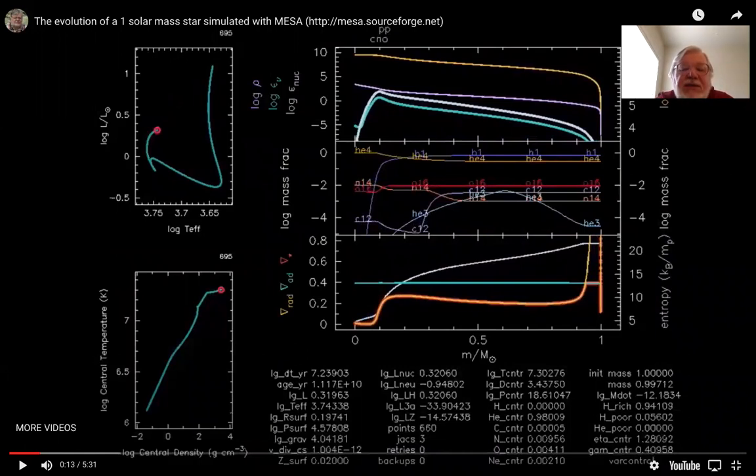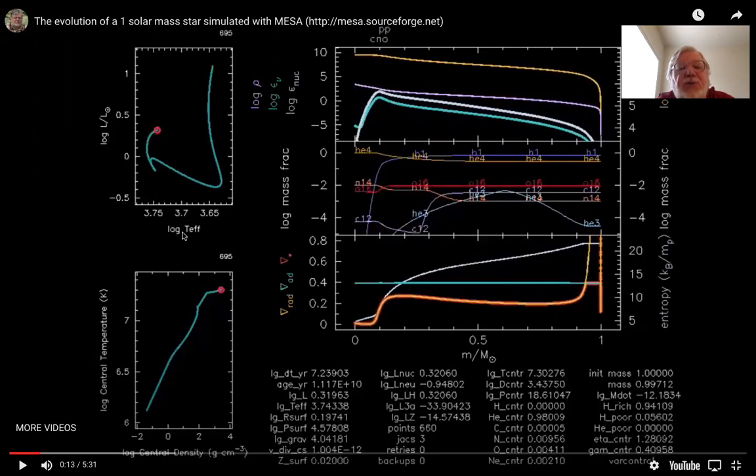You can add here different plots. So this is just some standard set of plots. I'm not going to go into much detail. Let me just show you the main subplots. So this one on the top left shows a fragment of the theoretical Hertzsprung-Russell diagram. I mentioned it last time.